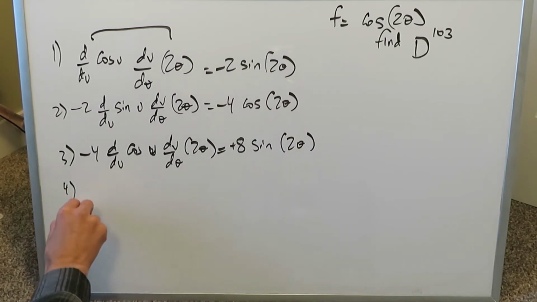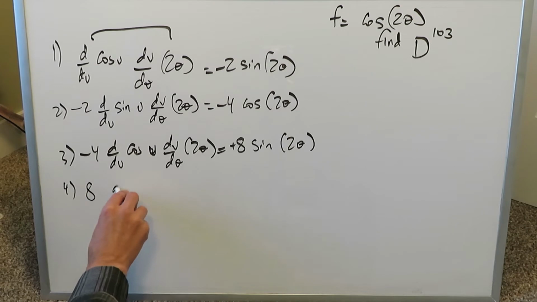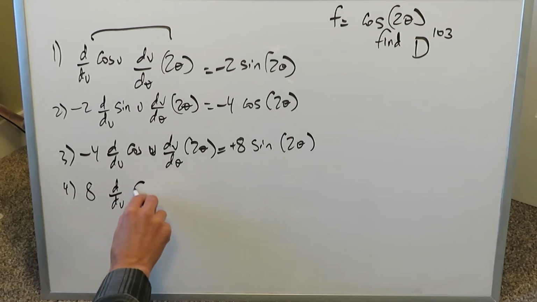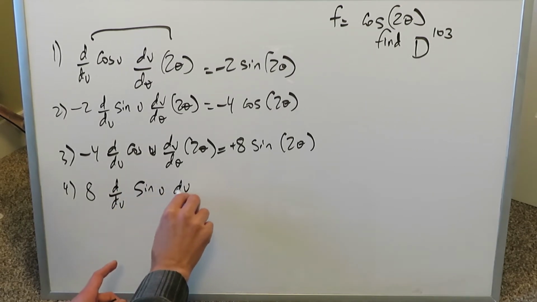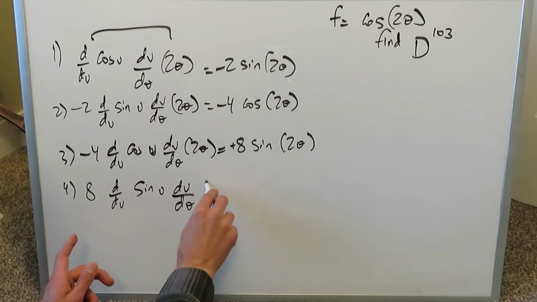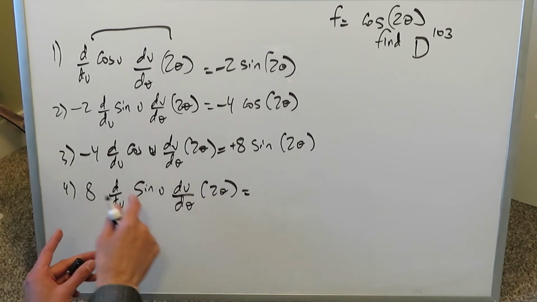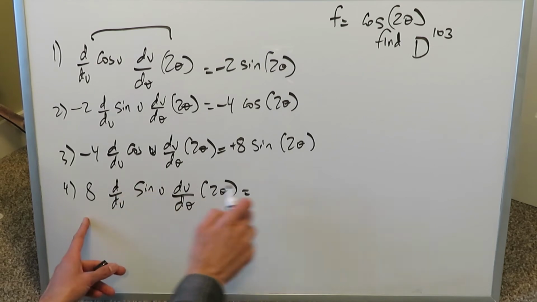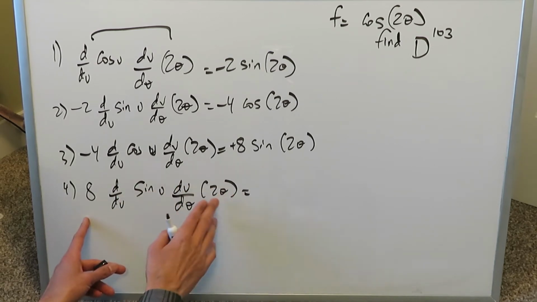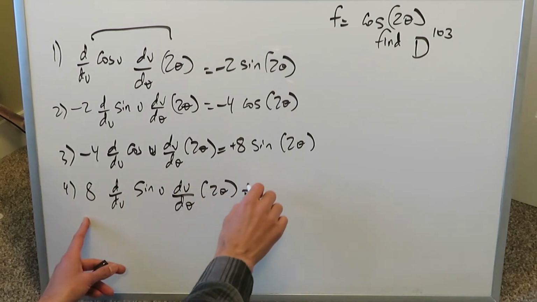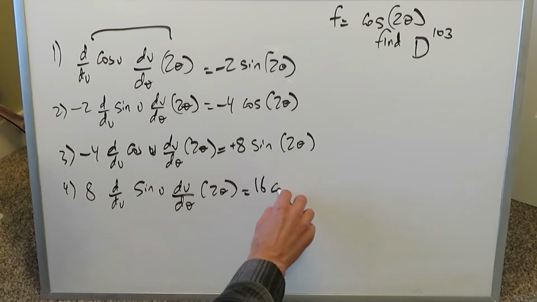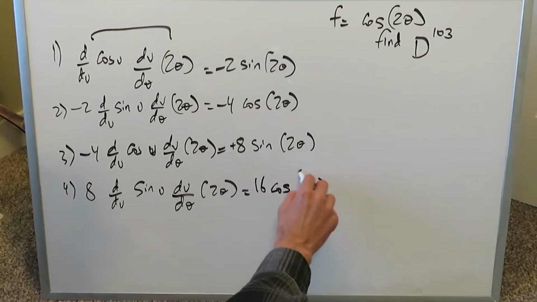And then let's go to the fourth round. Bring out the coefficient, d over du sine u. Again, the chain rule is coming into play here with each step, and each step is relatively similar. 2 times 8, remember derivative of 2 theta is 2. Theta disappears, 2 times 8 is a 16. Derivative of sine u is a cosine u, and we get 2 theta over here.